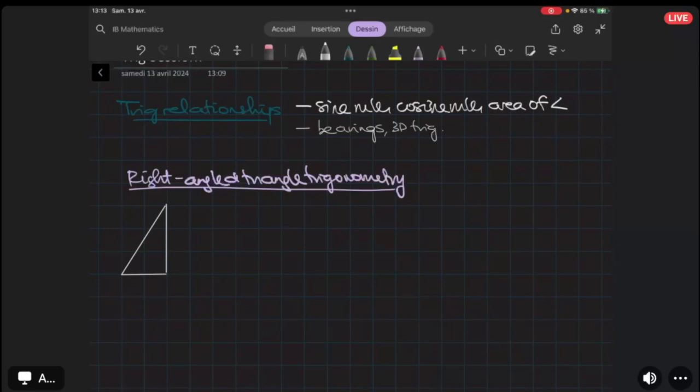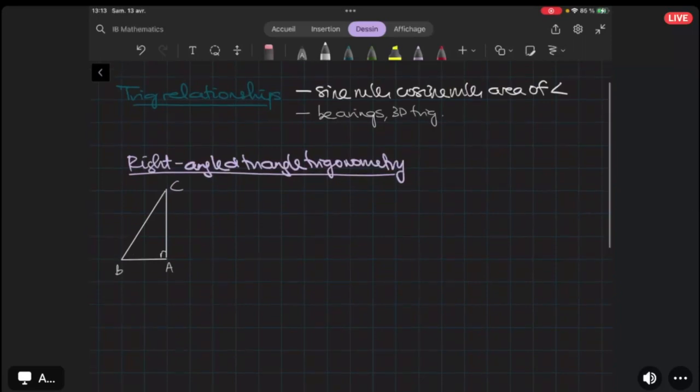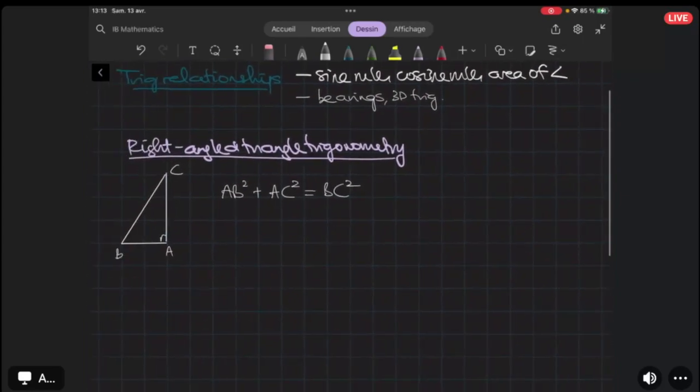We have a right triangle. First off, a recap of the Pythagorean theorem: a squared plus b squared equals c squared. That's our starting point for trigonometry. First things first.